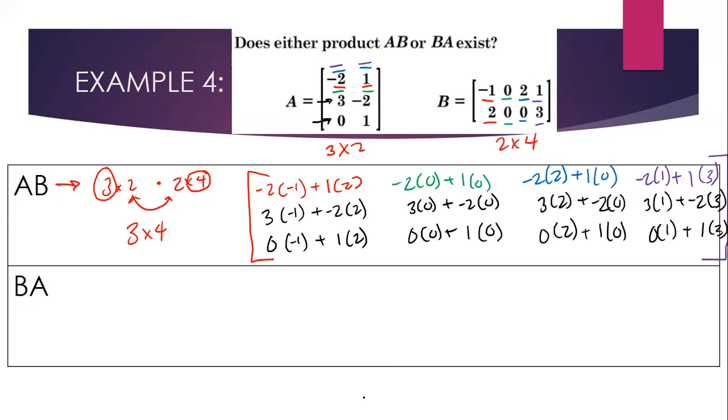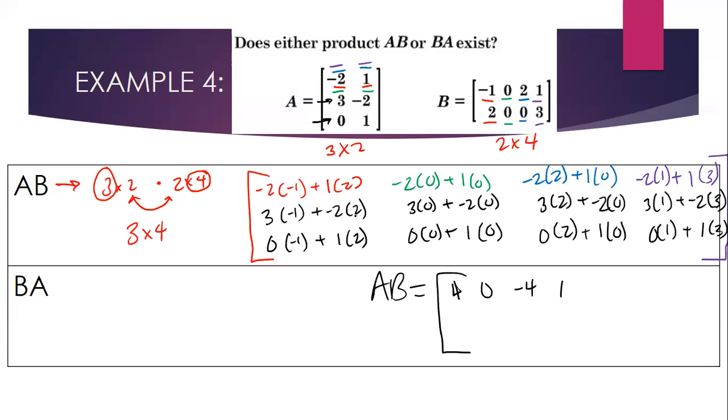Did I produce a 3 by 4? I did. And that's why the dimensions are 3 by 4. So AB equals: negative 2 times negative 1 is 2, plus 2 is 4. 0 plus 0 is 0. Negative 4 plus 0 is negative 4. Negative 2 plus 3 is 1.